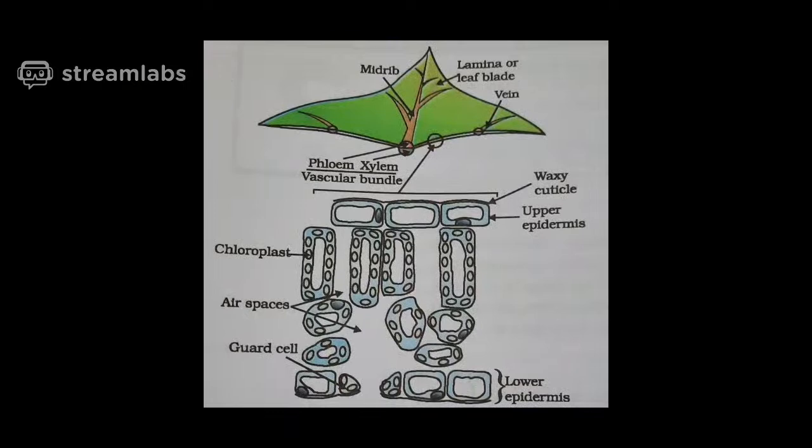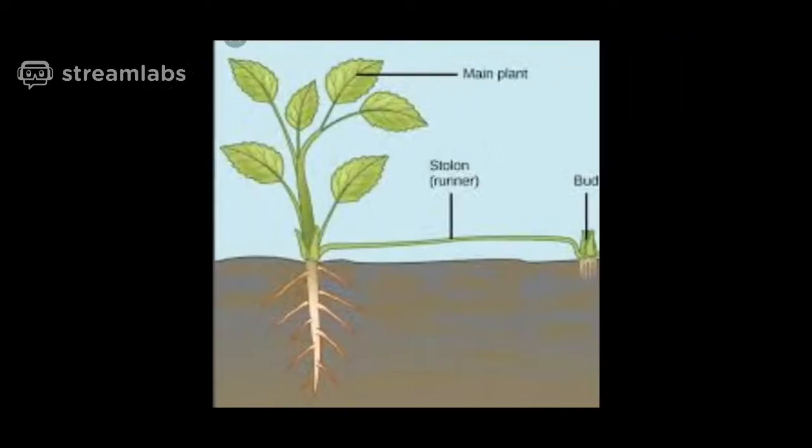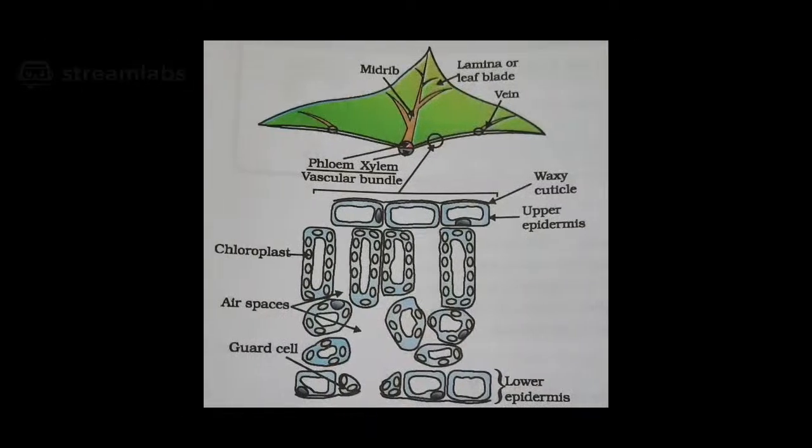Now, how do the plants get nutrition? The plants don't eat food like us, but they absorb the water and nutrients from the root system. After absorbing the water and minerals, they enter into the leaf. This is the section of the leaf.